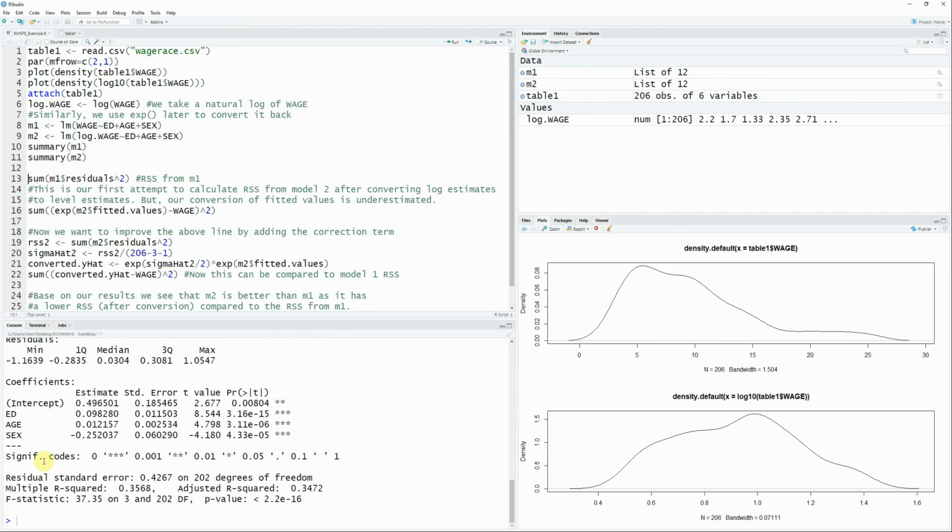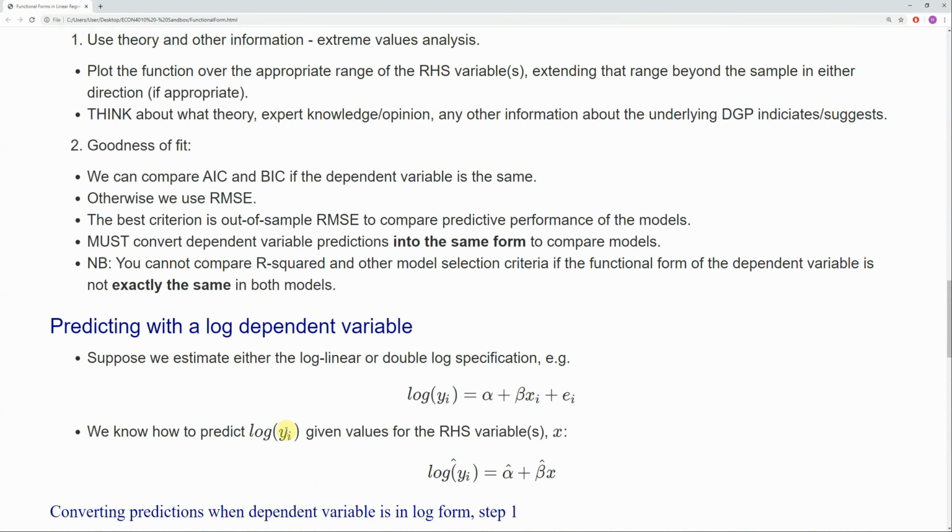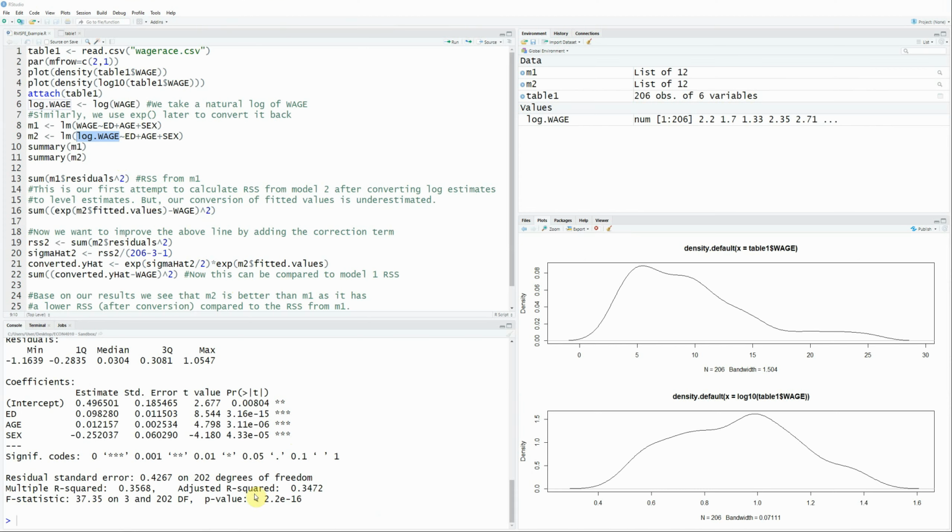For model 2, those are pretty significant too. However, we cannot really compare these two models using AIC or BIC, because the left-hand sides are not in the same format. And that is what we were talking about earlier, that you cannot compare like that unless they are exactly the same in both models.